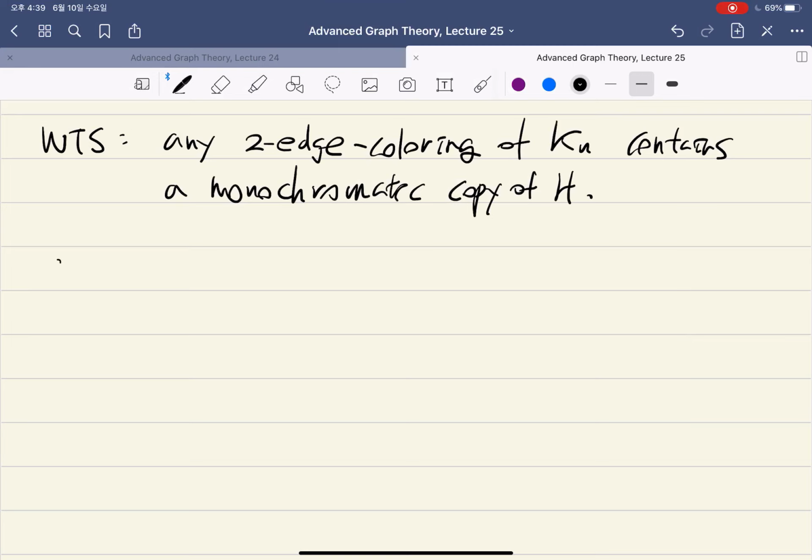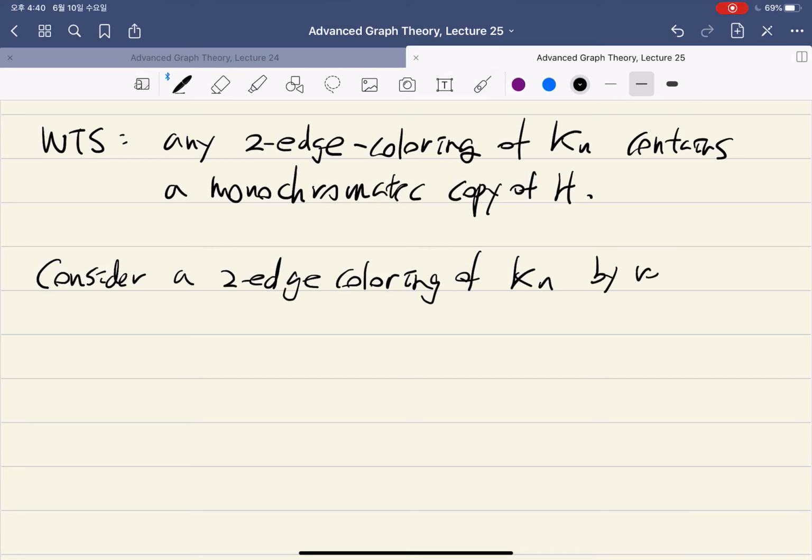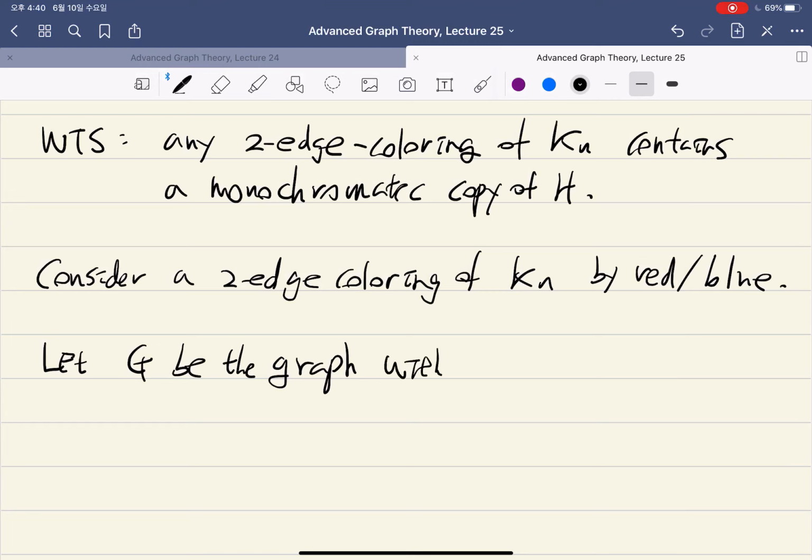So consider a 2-coloring of K_n by colors red and blue. And let G be the graph with red edges.